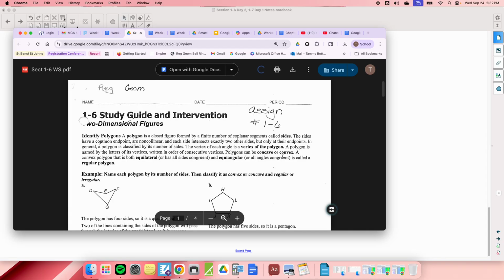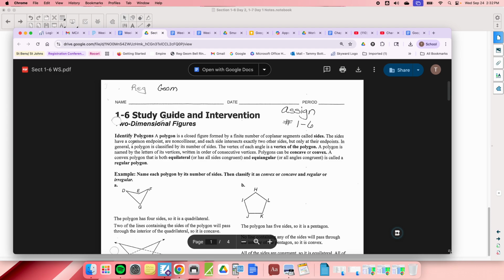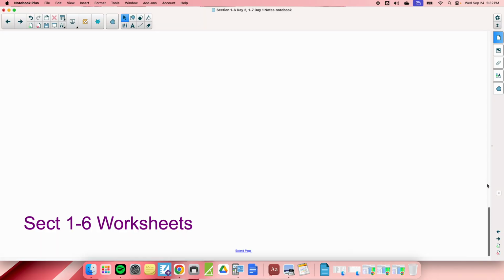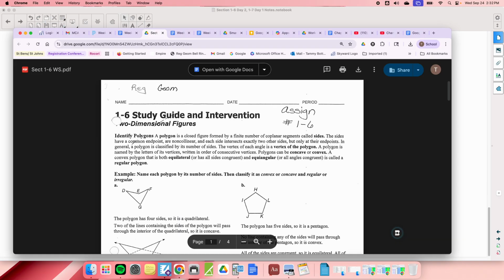Okay, now if I can show you guys something, please listen. Whenever I give worksheets in this class, do you see how it has my writing right here? This tells you which ones to do on that page. You're gonna do it on notebook paper. So we're gonna do section 1-6 worksheet.